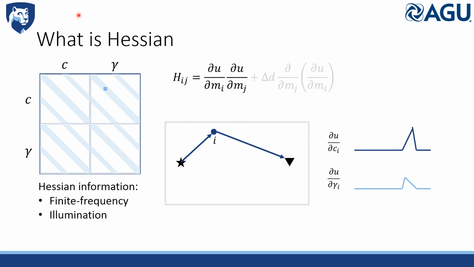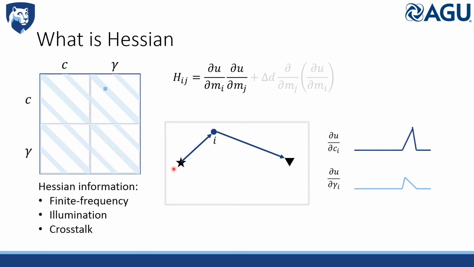This Hessian element hij is a zero-lag correlation between them, meaning how similar they are to each other. So a large value in the off-diagonal block means that the velocity perturbation and the attenuation perturbation can produce similar seismic waveform perturbation, and thus it is difficult to tell if the data residual should be attributed to velocity or attenuation, which leads to the crosstalk.